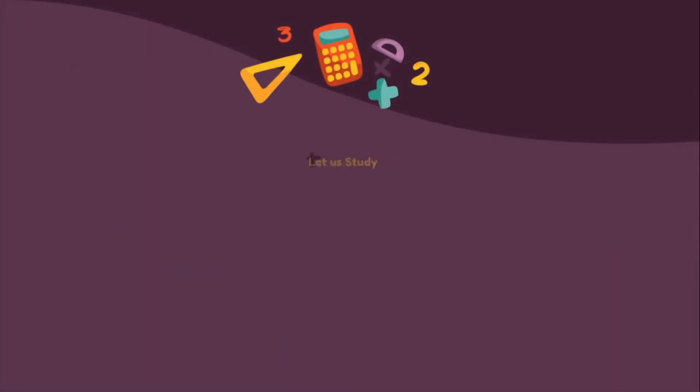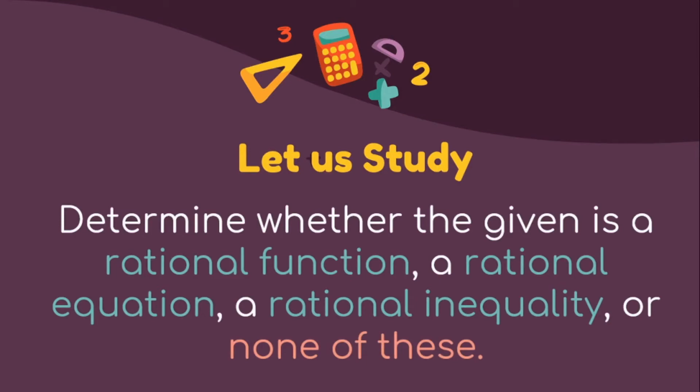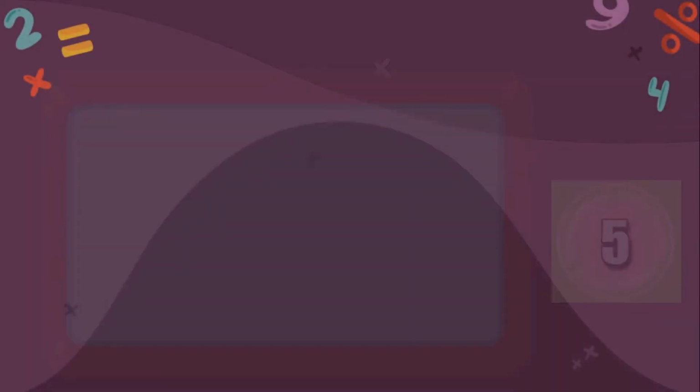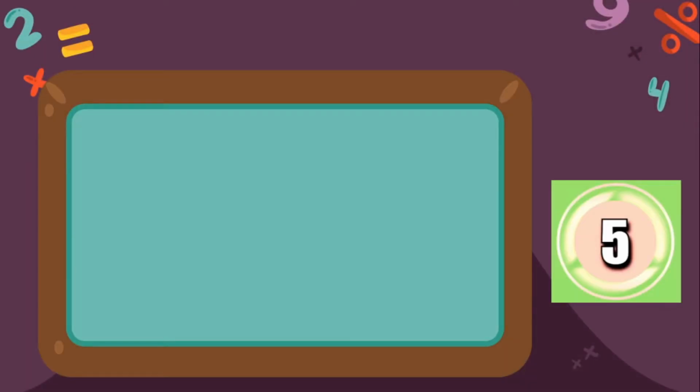Now that you know the difference between a rational equation, rational inequality, and rational function, determine whether the given is a rational function, a rational equation, a rational inequality, or none of these. Are you ready? y equals 5x cubed minus 2x plus 1.